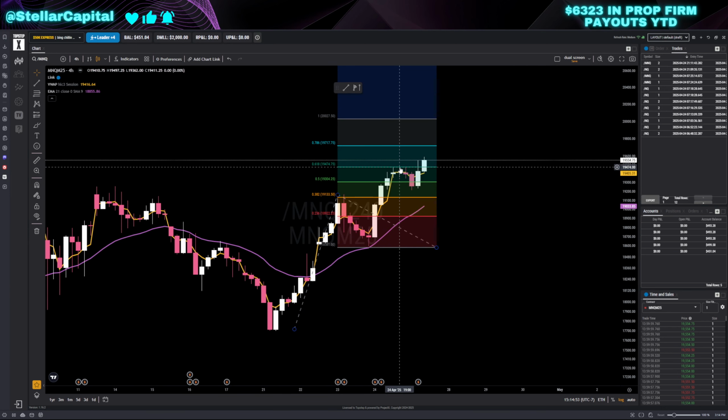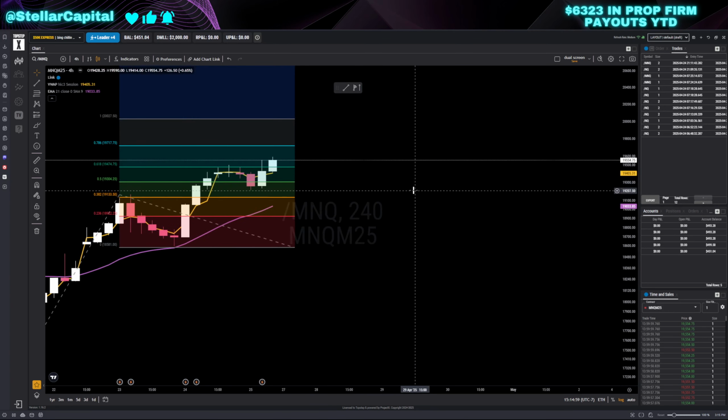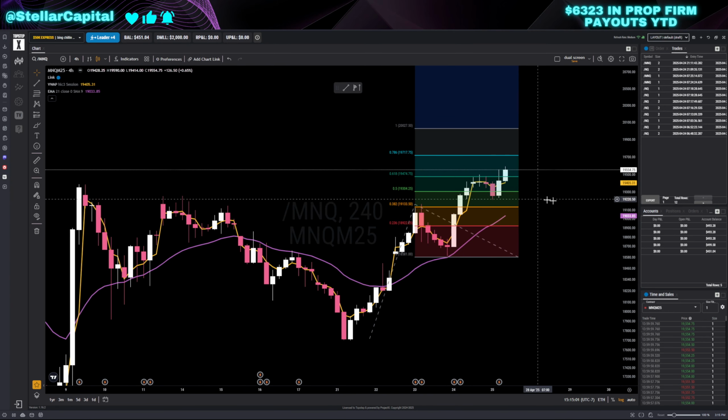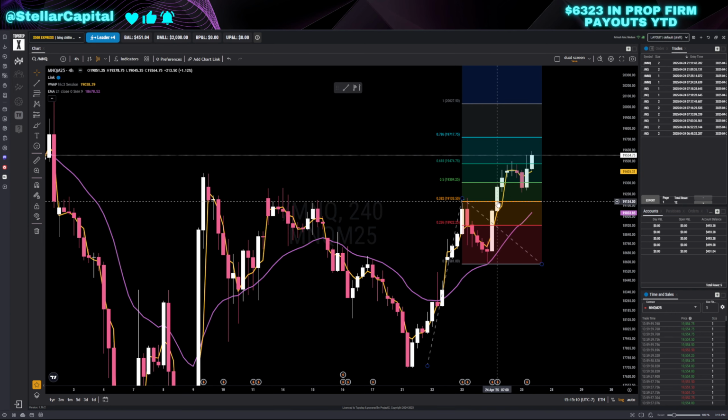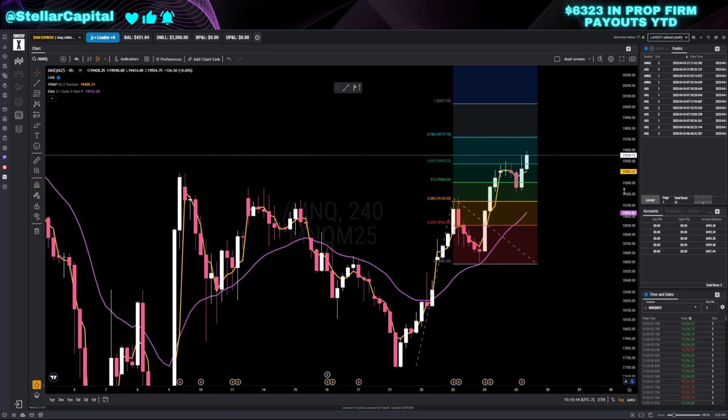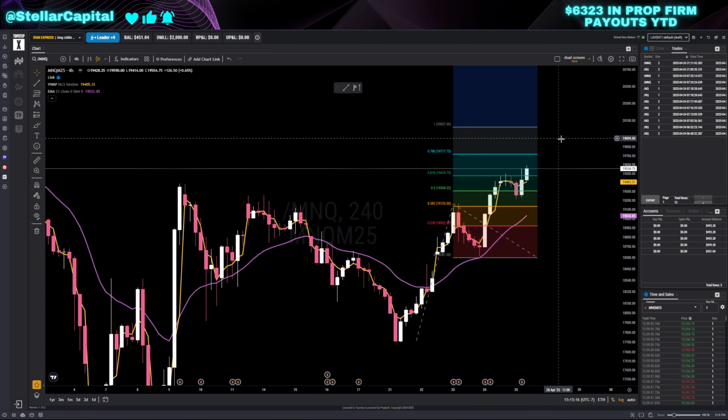4 hours, like right there, right? 19, 21, like around here. So this hour pretty much, because it's a 4-hour. We hit it, boom, nice little pullback, and then we shot up after holding the 50% extension level. So I'm going to be using these levels.